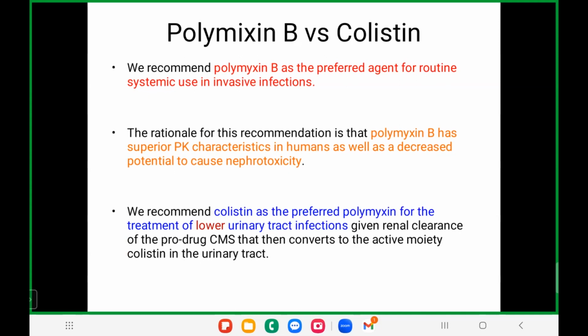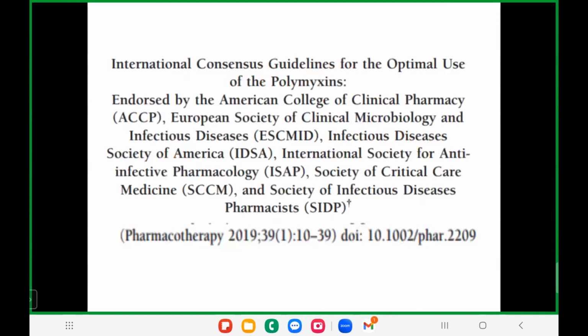If you have pyelonephritis, it's again polymyxin B only. If it's cystitis, go for colistin. Pyelonephritis and bloodstream infection, go for polymyxin B instead of colistin. That is what the recommendations from the latest guidelines say. These were the guidelines proposed in 2019, the international guidelines for polymyxin use. Different bodies came together and gave these guidelines.